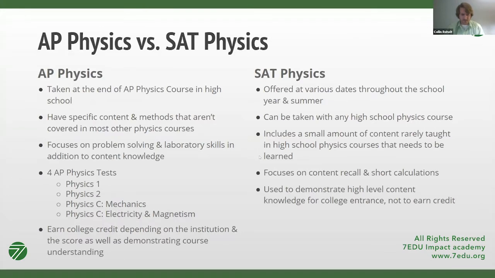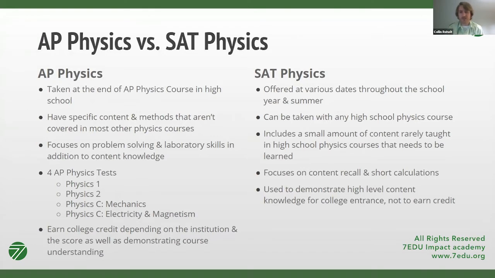AP Physics and SAT Physics are really completely two different styles of showing your preparedness for college level sciences, right? So for AP Physics, you're looking at taking an entire year high school course.